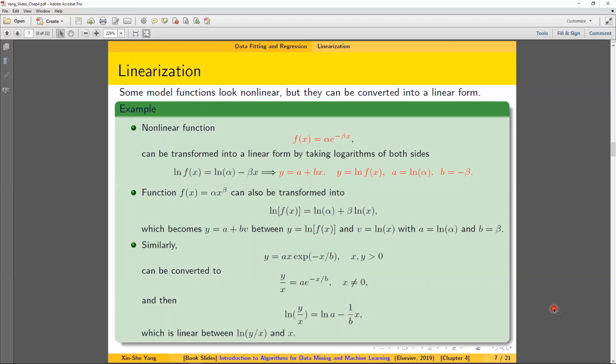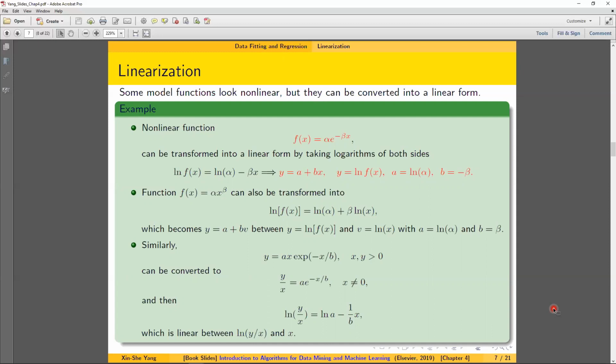We know if we take a logarithm on both the left-hand side and right-hand side, we come up with log f(x) equal to log alpha minus beta x, and log e is 1.